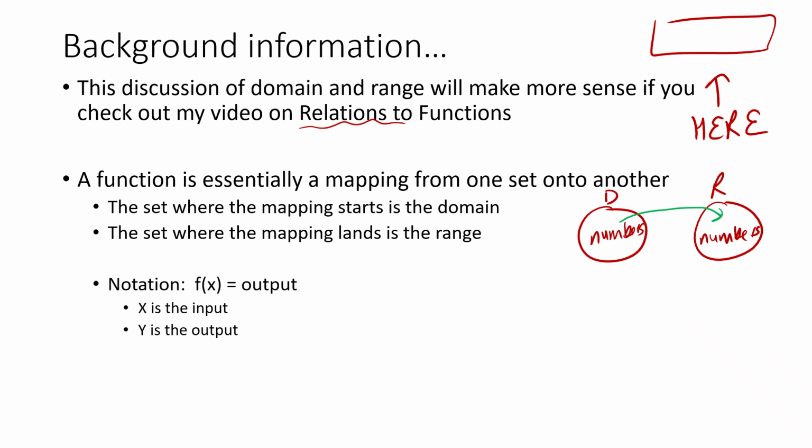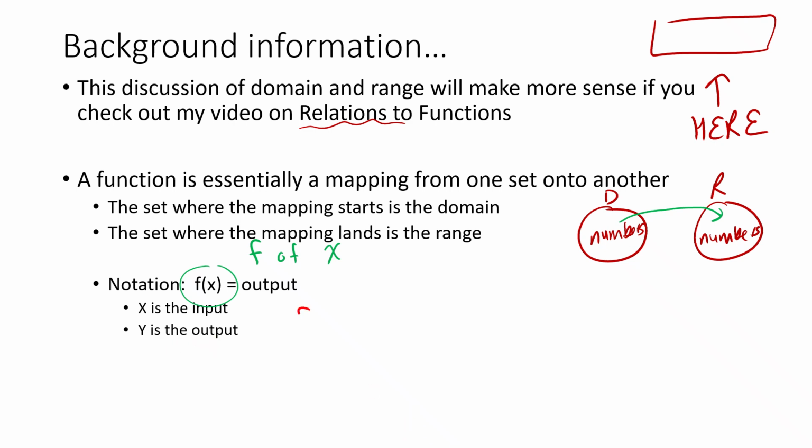Now, the notation that we use to indicate that we're working with functions is this notation here, which is called f of x. And what that means is that this output, whatever that output is, is a function of x. And that's literally what that means. f of x is just shorthand for saying function of x. x is the input, and we indicate the input by putting it in the parentheses there, meaning this is the set of numbers that we're plugging in, and your y value is your set of outputs.